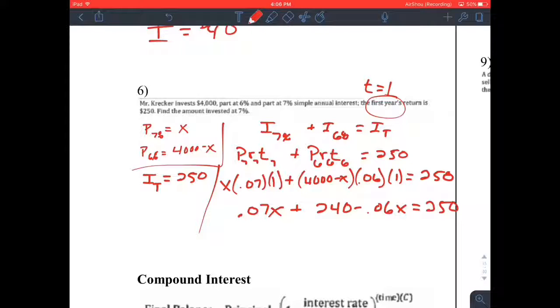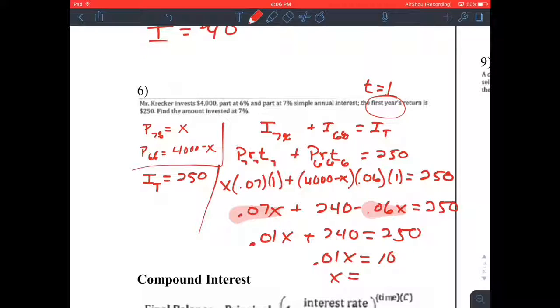If you combine like terms, specifically these two guys right here, you're going to get 1/100th x plus 240 equals 250. If you subtract 240 from both sides, you get 1/100th x equals 10. Therefore, x equals $1,000. X was invested at 7%. Find the amount invested at 7%. It's $1,000.